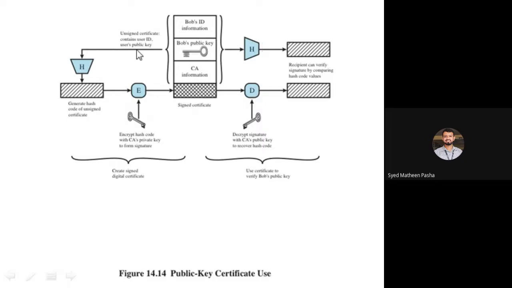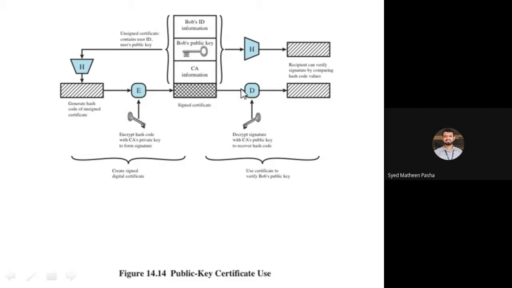So I'm just defining a simple term called hash here, that is represented as H. So where this particular certificate works is, you can see a signed certificate is provided in between, with the help of which each data is being accessed here. This block, that is the signed certificate, is not your hard copy certificate. It is actually one of the techniques here which is specified as signed certificate.